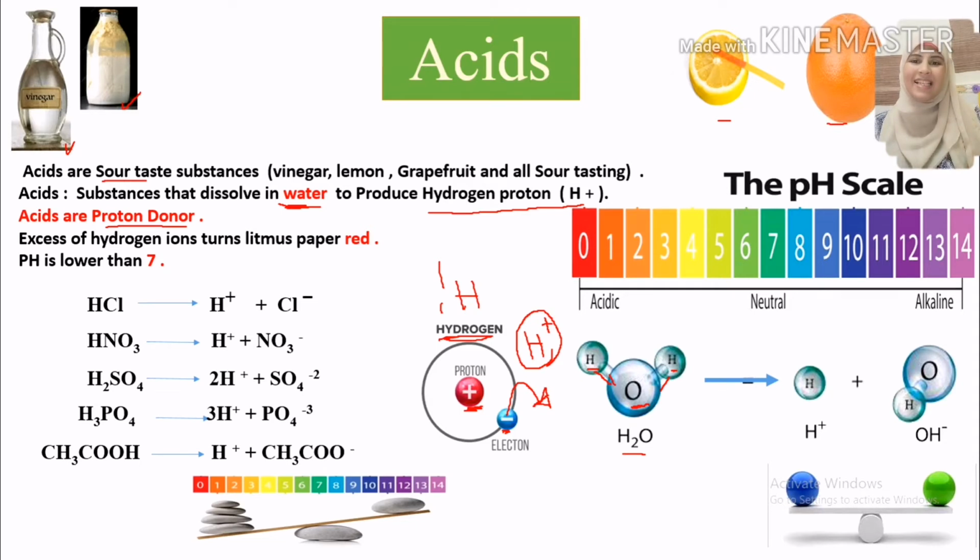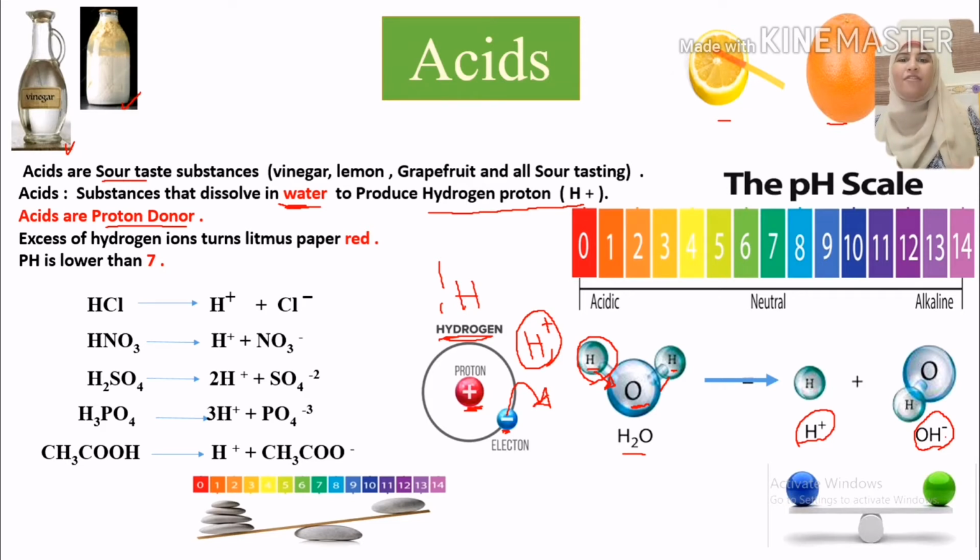So it will take the electron from the hydrogen atom, and we will have hydrogen atom without electrons, with only one proton inside the nucleus. So we have hydrogen proton and hydroxide ion, and we have OH group with one excess electron. So we have hydroxide ion.